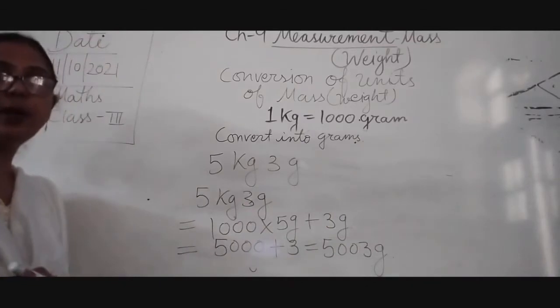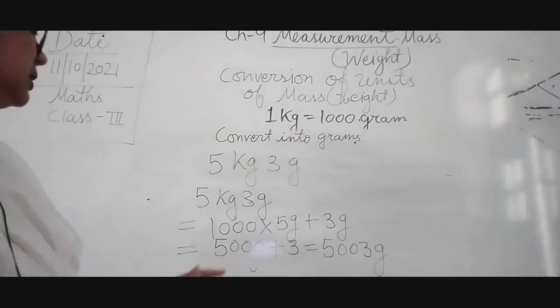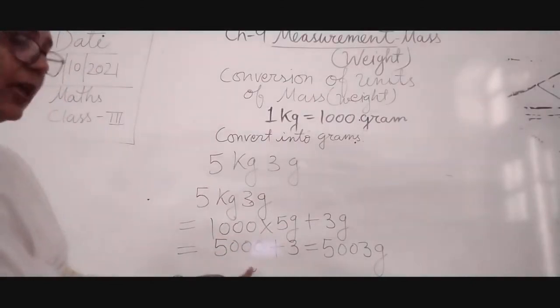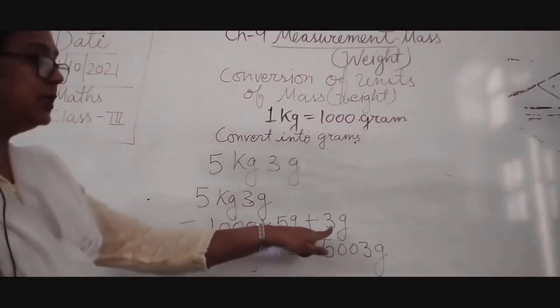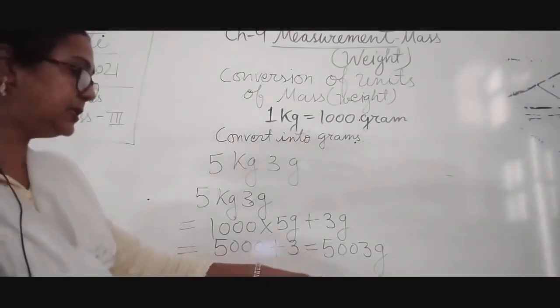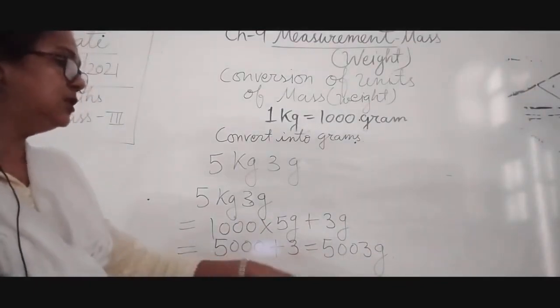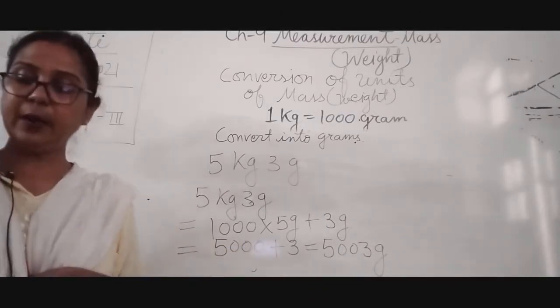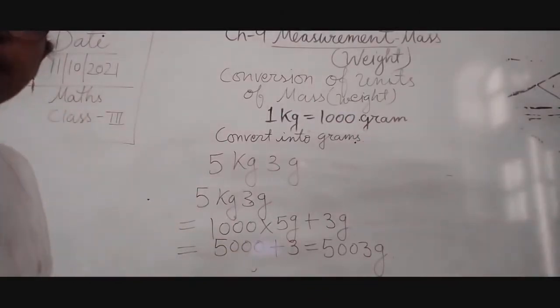So this is your answer. After multiplication of 5 we get 5000, and because 3 grams is given over here, we add it to 5000, so it becomes 5003 grams. Okay, now next example.